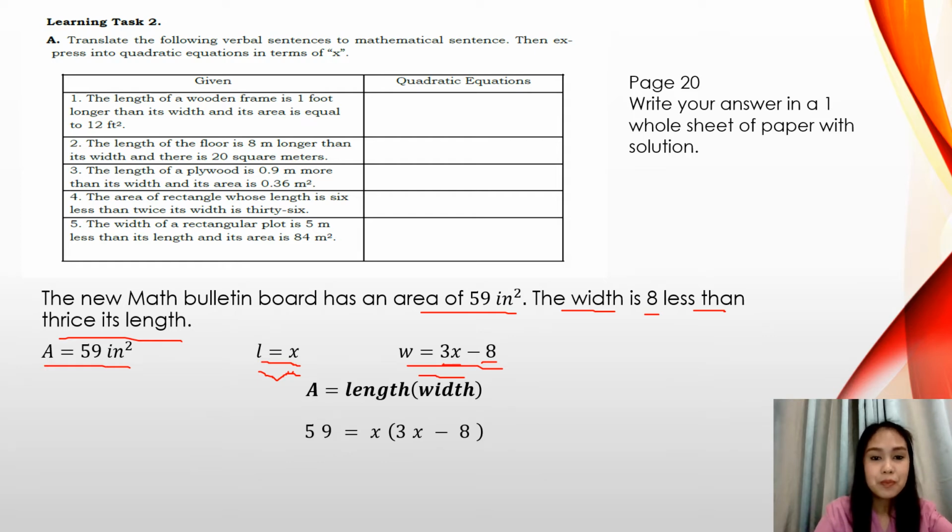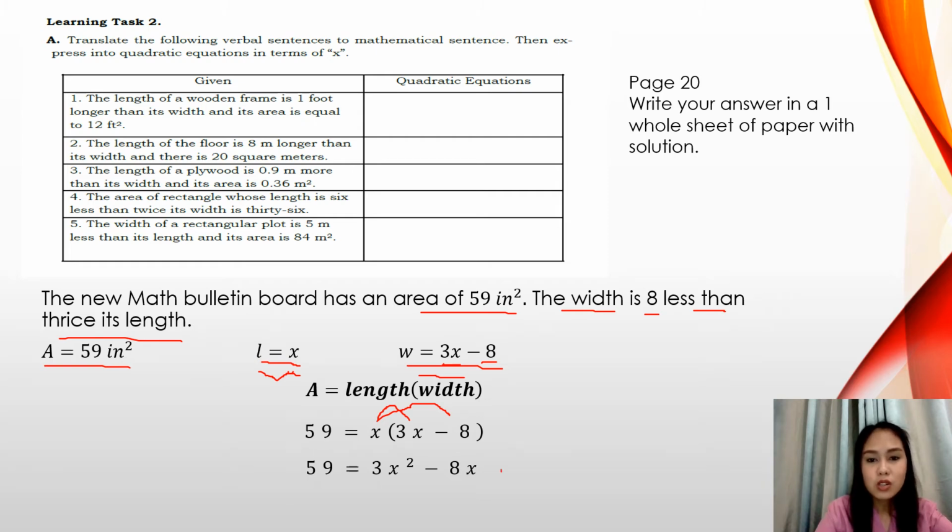And then again, this x will be multiplied to 3x minus 8 by distribution. That would be x times 3x and x times negative 8.